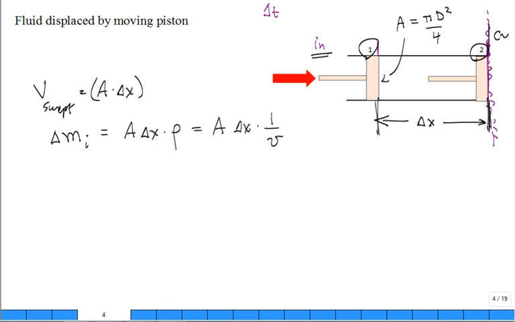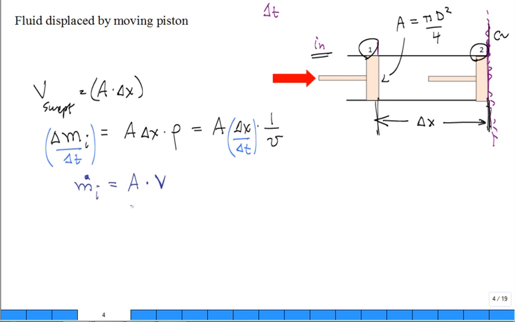So if I'm interested, I could take this equation and divide by delta t, and group it with that term, and group it over here. And then what does that look like? That looks like a mass flow rate flowing in equal to the cross-sectional area of the inlet pipe, pi d squared over 4, times some velocity, that's distance over time.